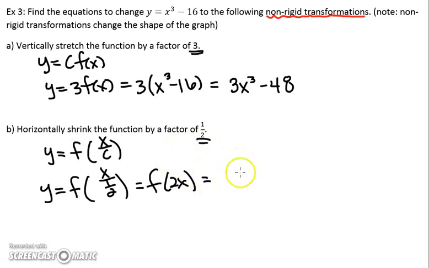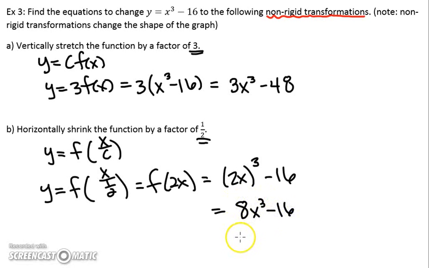So we just need to put a 2x wherever we see an x. So x cubed becomes 2x cubed minus 16. So that's going to be 8x cubed minus 16 is going to be our horizontal shrink of factor 1/2. So when we're raising this to the third power, don't forget we need to raise both the 2 and the x to the third power.